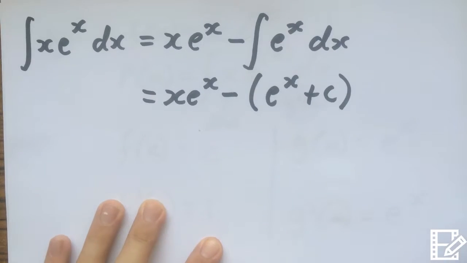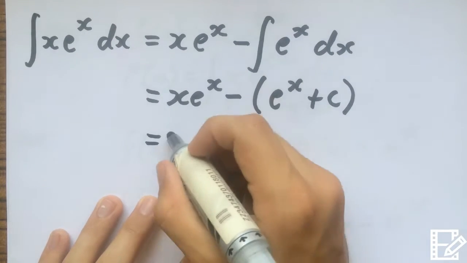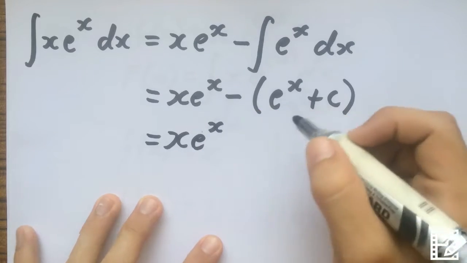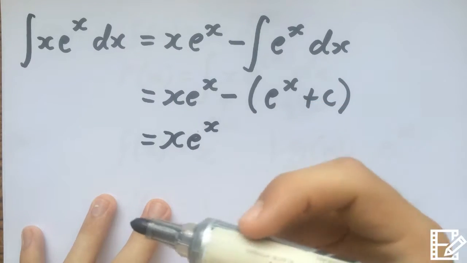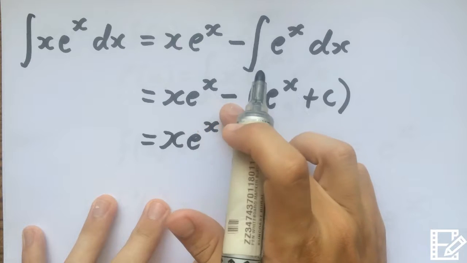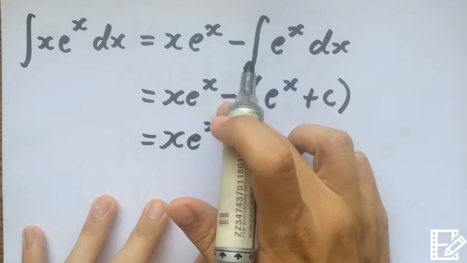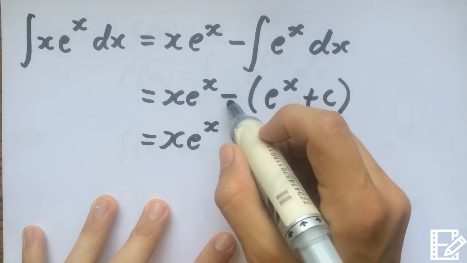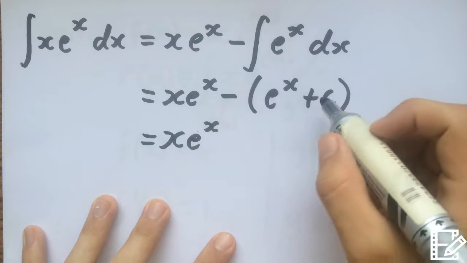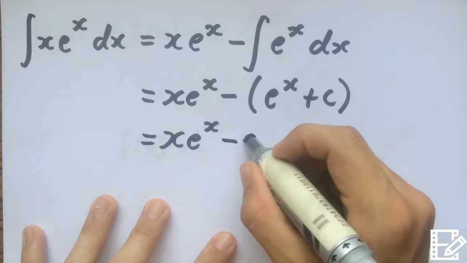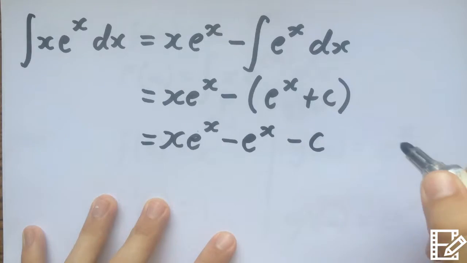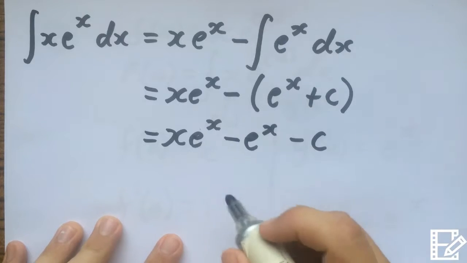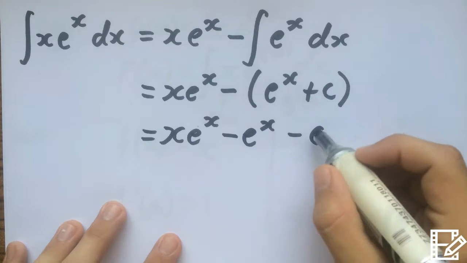Okay, so we leave that the same, x multiplied by e to the power of x. Now we got to multiply the minus sign. We got to expand the brackets. So we got to multiply the negative onto the e to the x and the negative onto the c. So it'll look a bit like this. Now, I like positive numbers here.